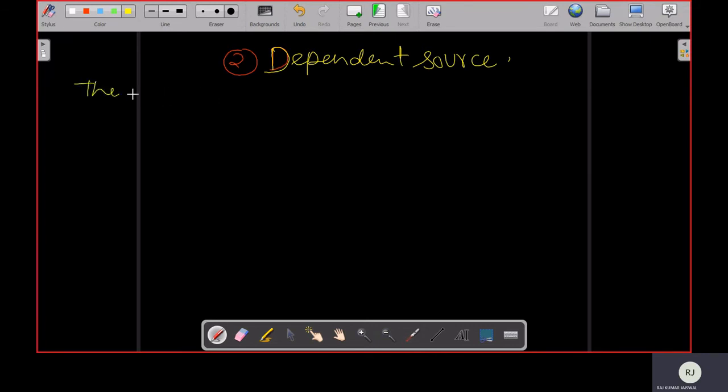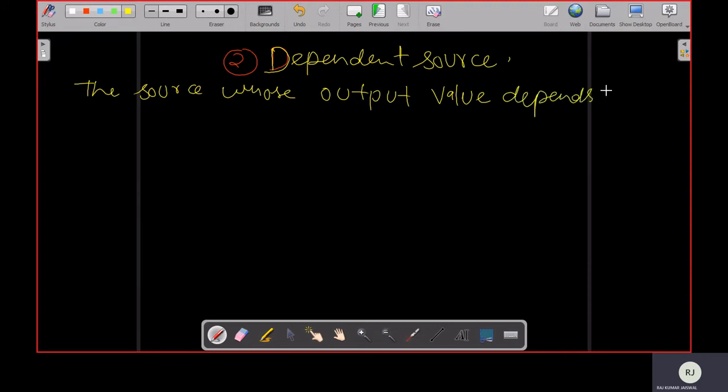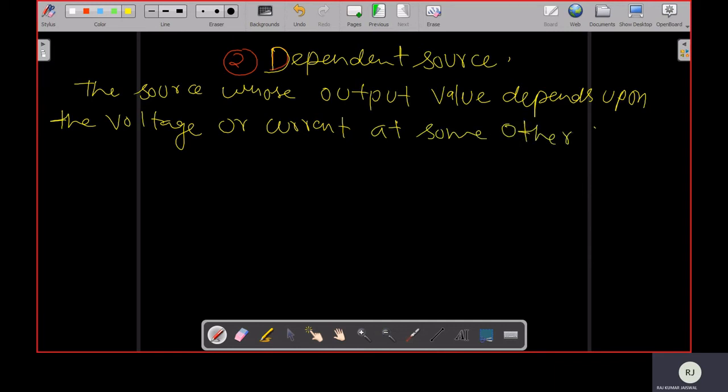The source whose output value depends upon the voltage or current at some other part of the circuit. Okay, with the example we will understand.